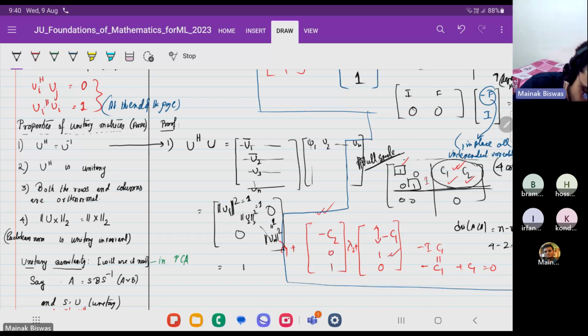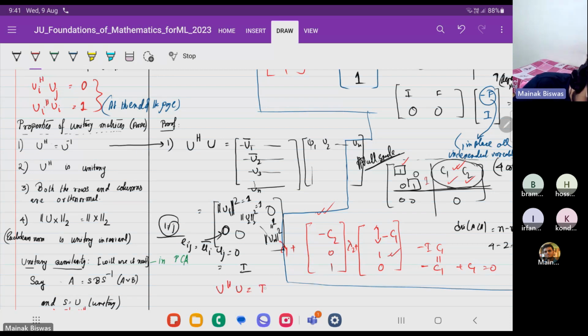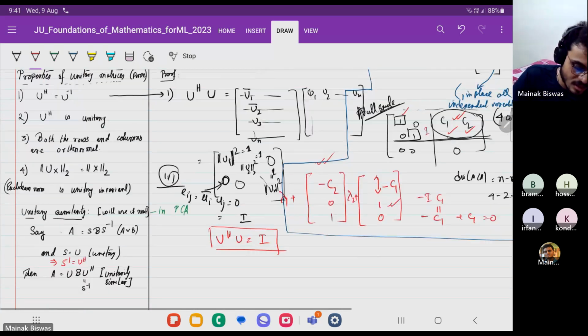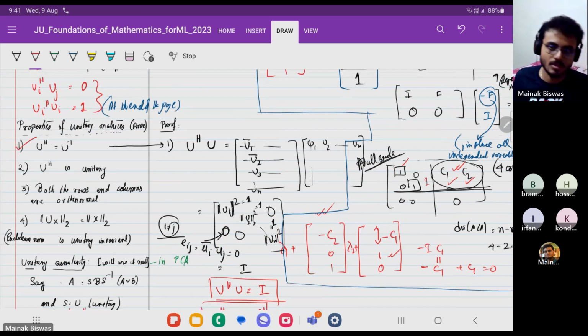For all other combinations ij, the element ij will be nothing but ui Hermitian uj, which is equal to 0. Do you see that? So you have U Hermitian U is equal to the identity matrix. So what can you say from that? U Hermitian is equal to U inverse. Proved or not? Right? So this is trivial.